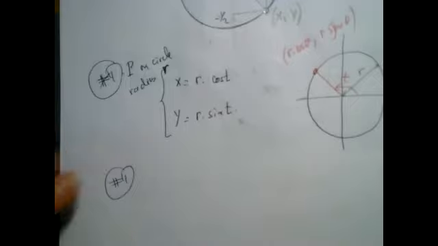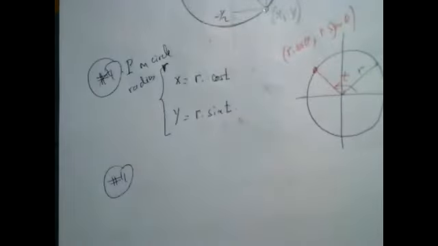The question is, find the coordinates of the point P on the circle of radius 8 determined by the angle 130 degrees. So I read it.